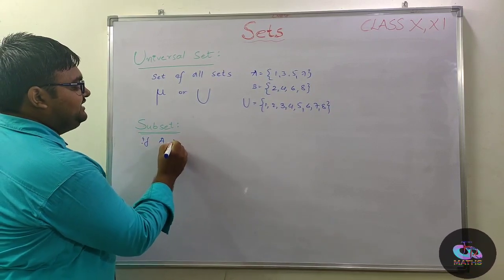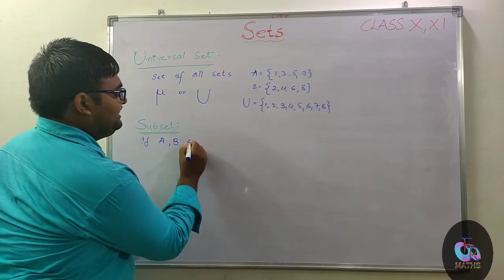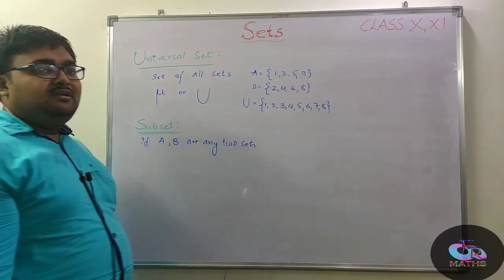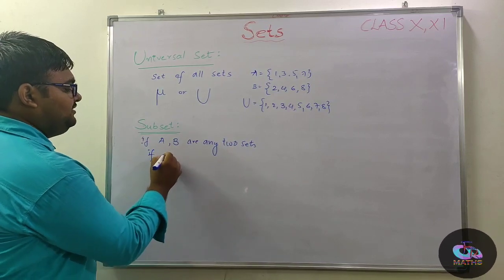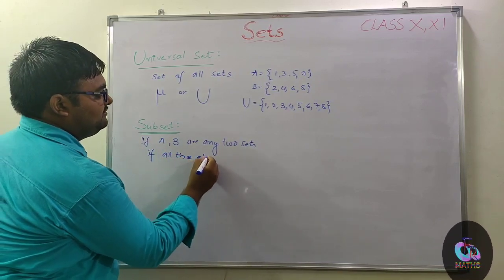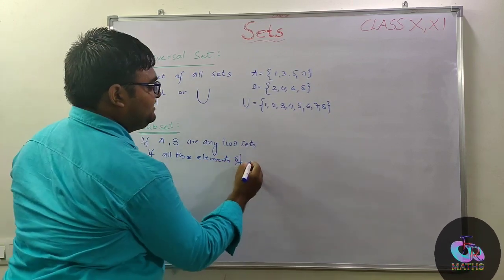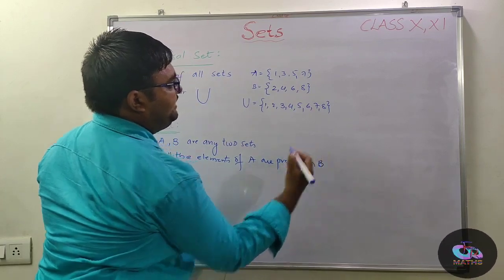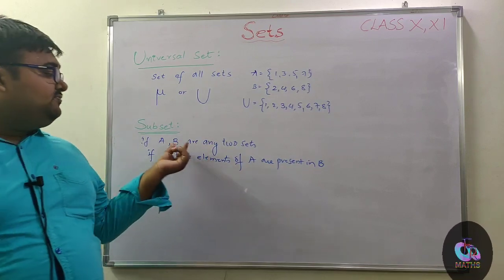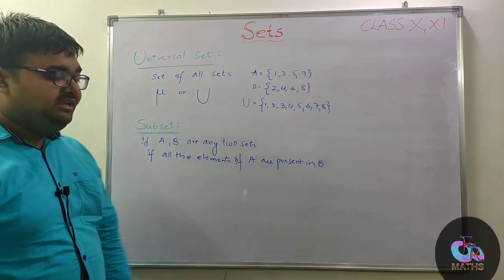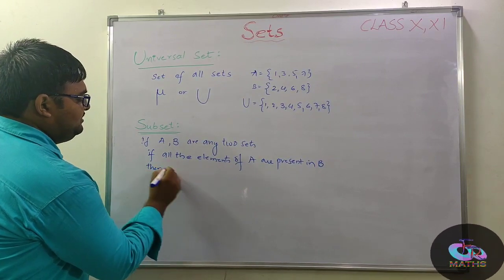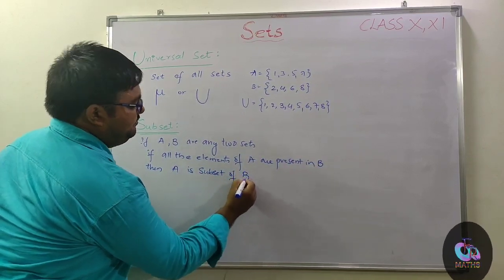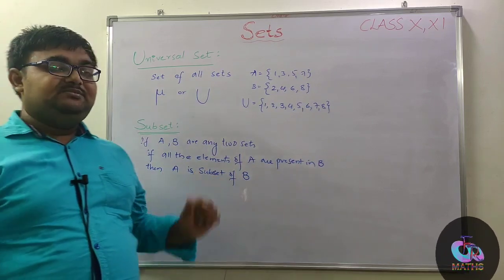If you have any two sets A and B, and if all the elements of set A are present in set B, then we say A is a subset of B.